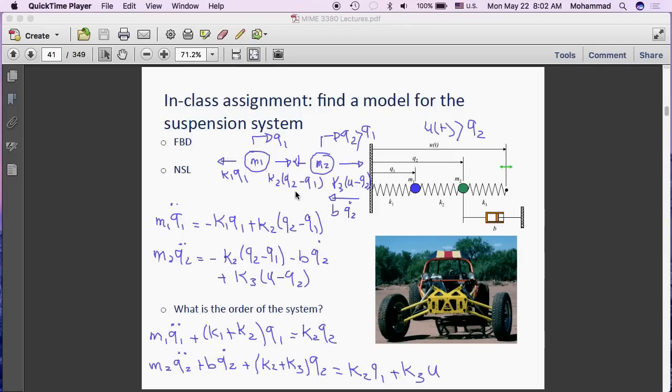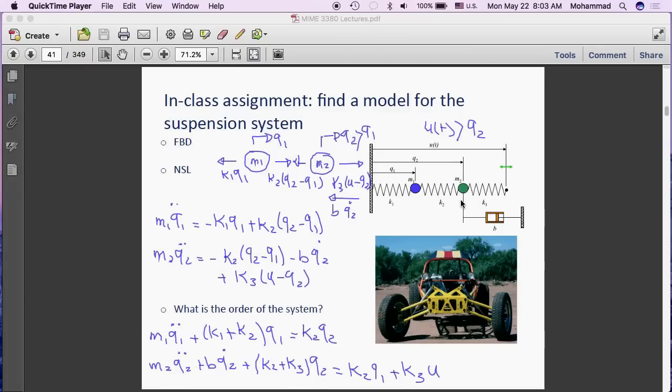When you add all these forces, there is k1 q1, which has a negative sign because it's in the opposite direction that we call positive. And we have k2 times (q2 minus q1). So we make that based on the assumption that we made that q2 was larger than q1. That means this second spring will be stretched.